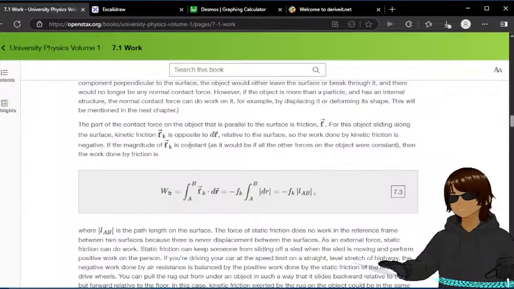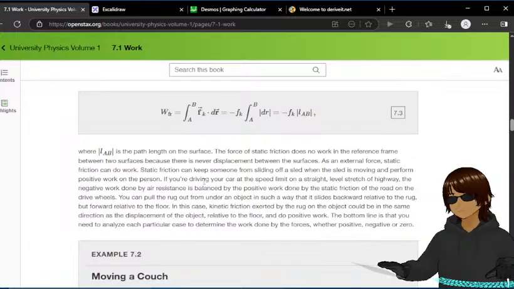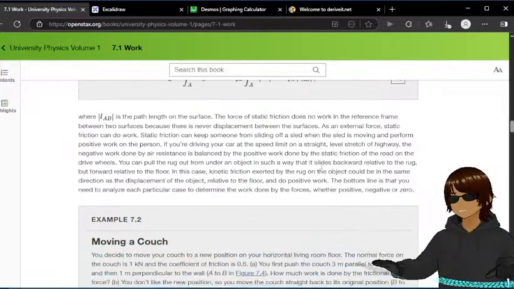If the magnitude of Fk is constant, as it would be if all other forces on the object were constant, then the work done by friction is minus Fk times L_AB, where L_AB is the path length on the surface. The force of static friction does no work between two surfaces because there is never displacement between the surfaces.